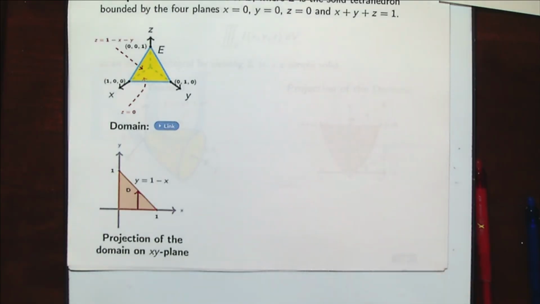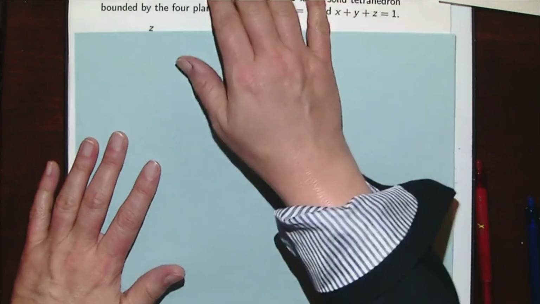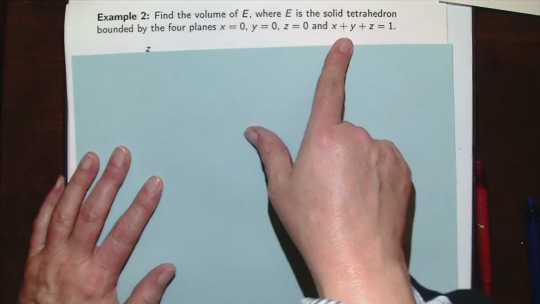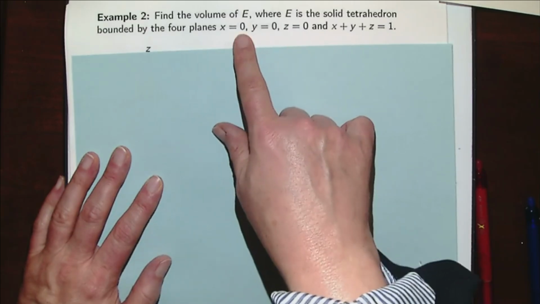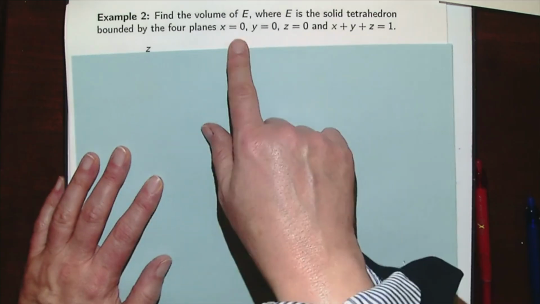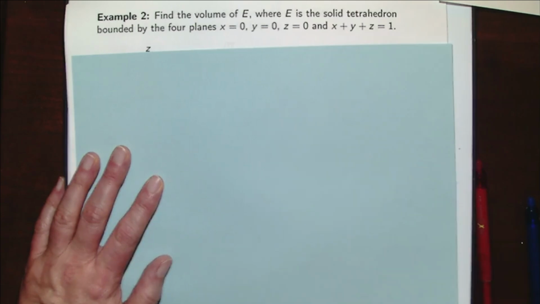I wish I had covered the picture because this is a nice one to do. There we go. So I'm looking at this, and actually all the variables are appearing twice. One is a lower bound, one is the upper bound. Lower bound for all of them is a plane, and upper bound is a plane as well.